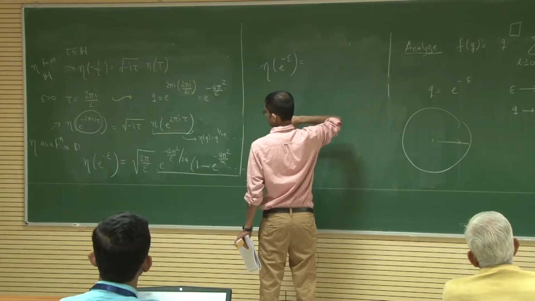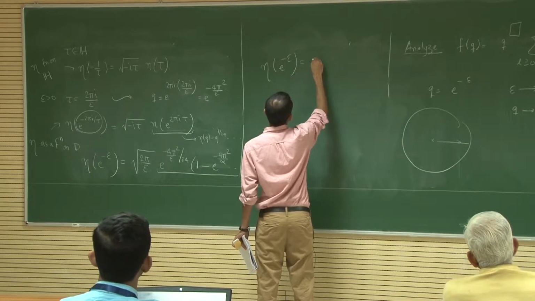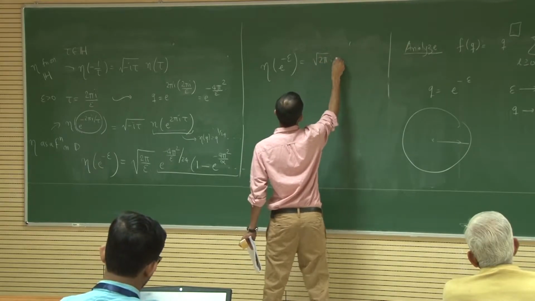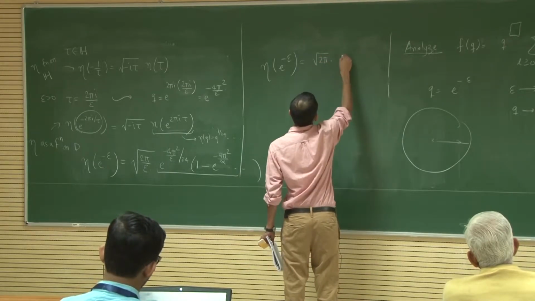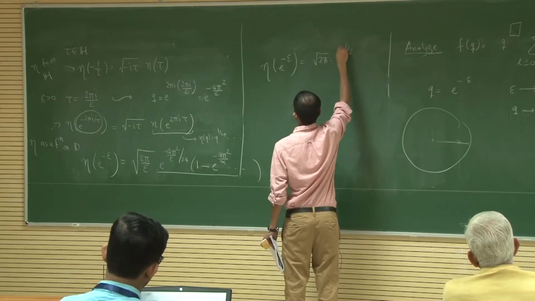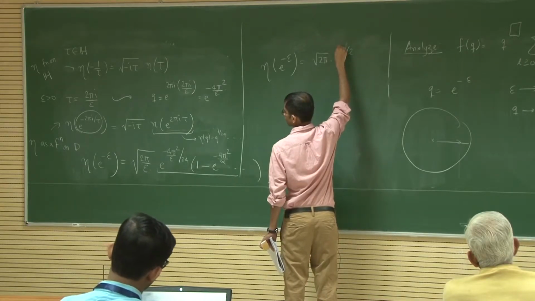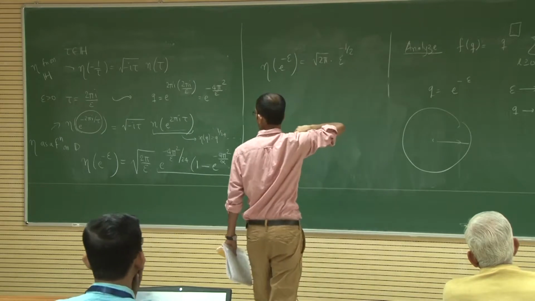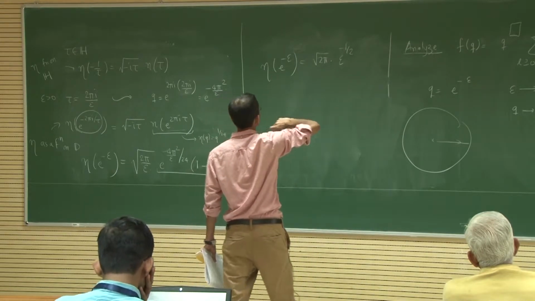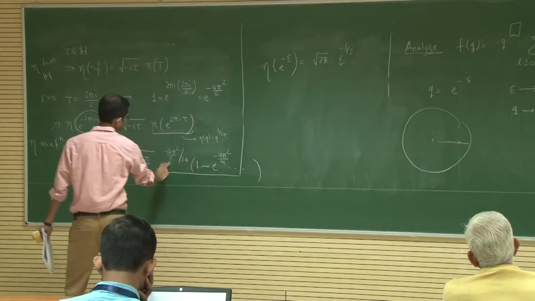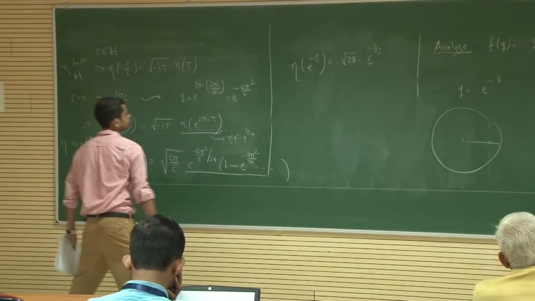Okay. This is now a constant times epsilon raised to a negative half, right? There is this exponential, let's put it on the left hand side.